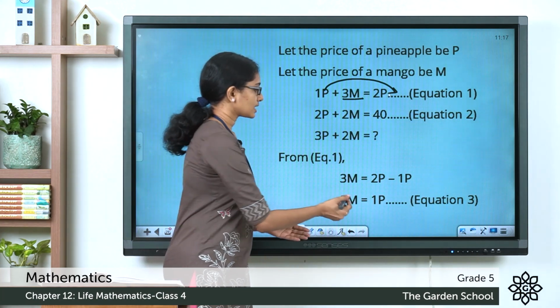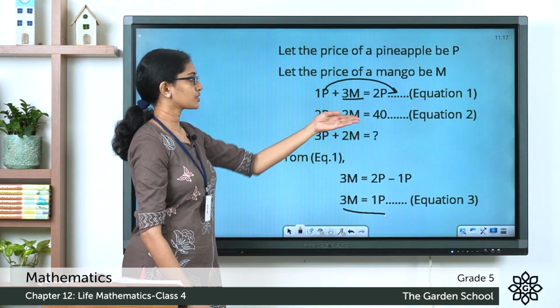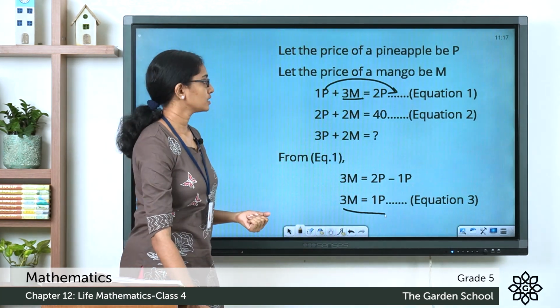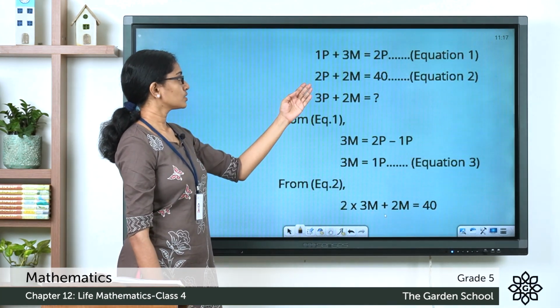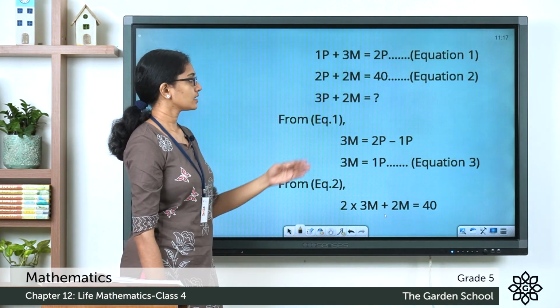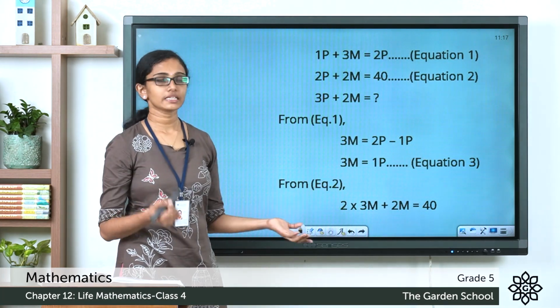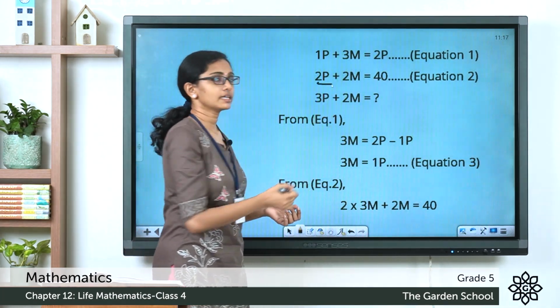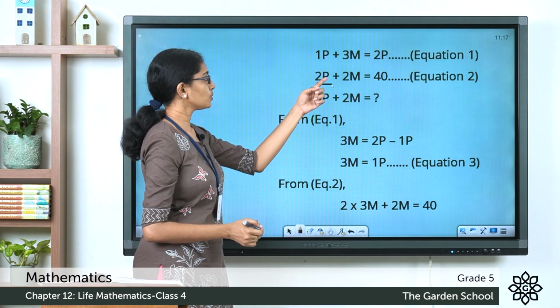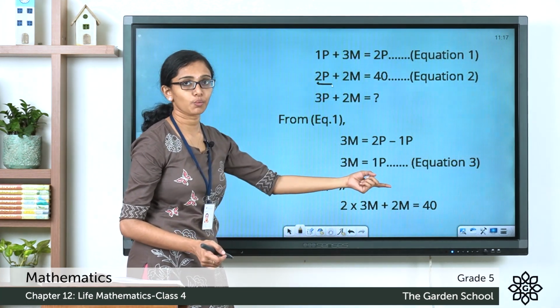Now, let's substitute this equation in equation 2. Let's see how. See, we know 2p plus 2m is equal to 40 and we got 3m is equal to 1p. So, instead of this 2p, we can write 2 into, instead of this p, we are going to write 3m because 3m is equal to 1p.